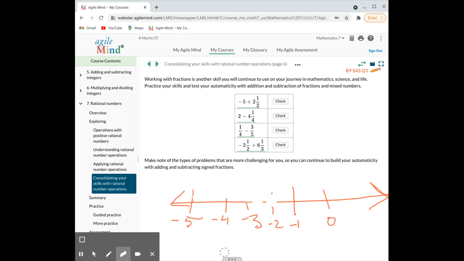Well, now let's go to the bottom. Negative 2.5 plus 6 1/3. That's going to be a little bit more complicated, isn't it? What would we need to do to 2 and 3? Multiply. Yeah, just find a common denominator. So 2 and 3, if we were to multiply those together, what would we get?